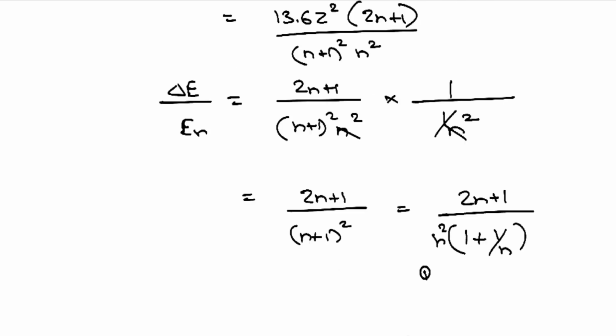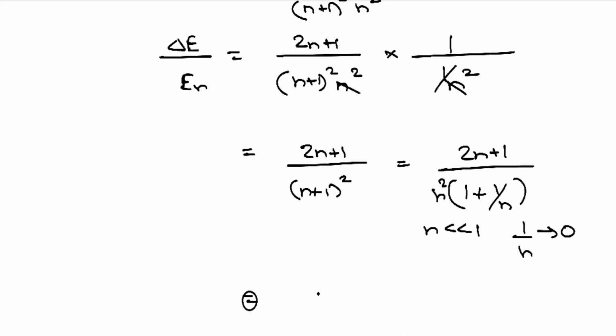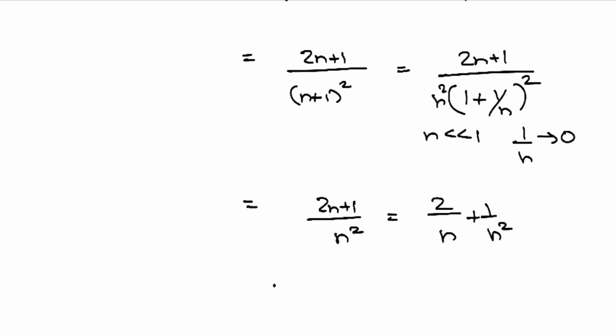Since n is very much greater than 1, 1 by n tends to 0, which means (2n plus 1) upon n squared becomes 2 by n.